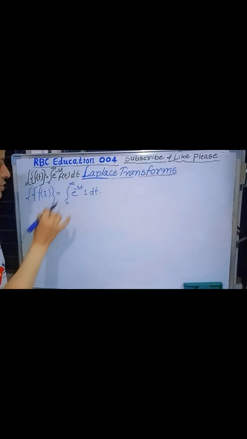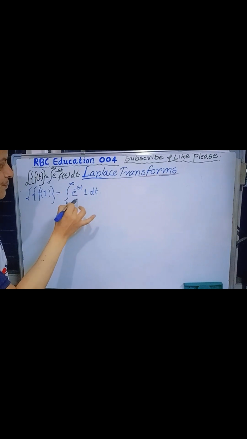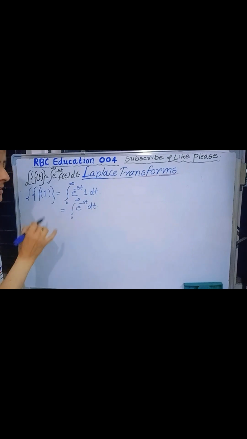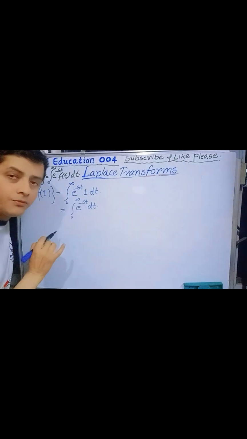Now this equation can further be written with everything remaining the same, replacing the dt. Now let's write this in the form of limits.